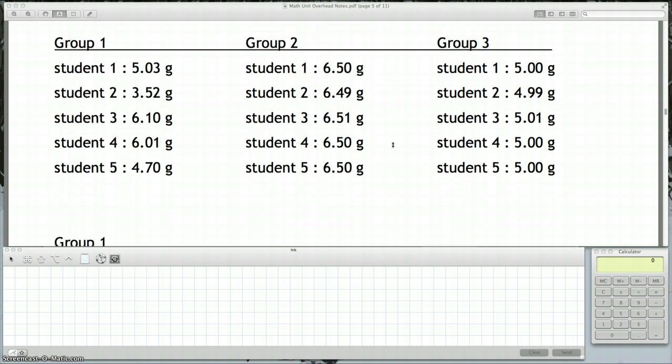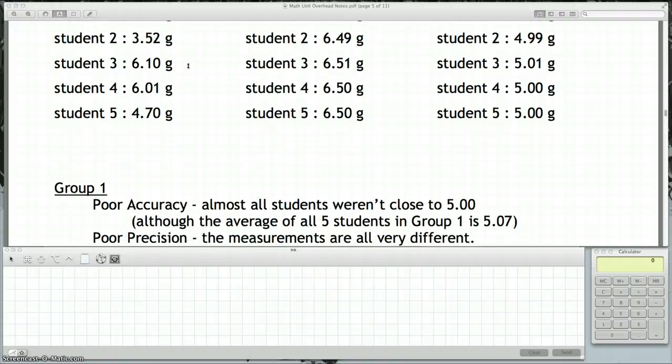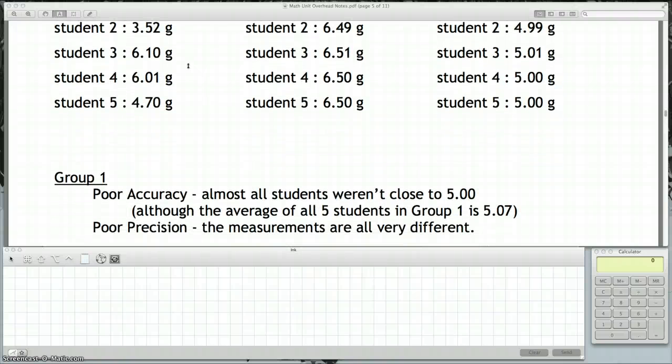Group 1. Again, the numbers are all over the place, so that means it's poor precision, because the numbers aren't close to each other. And the numbers in general are not very close to 5.00, so poor accuracy. So group 1, I would describe as poor accuracy and poor precision.